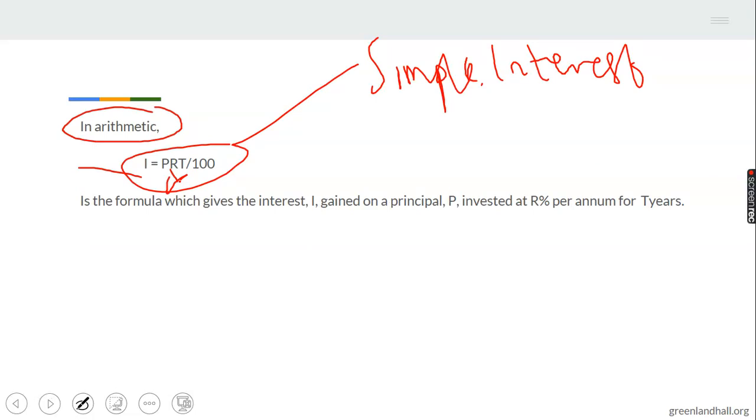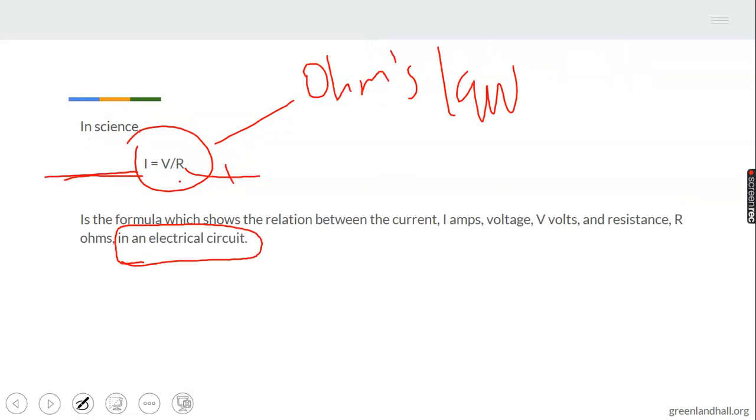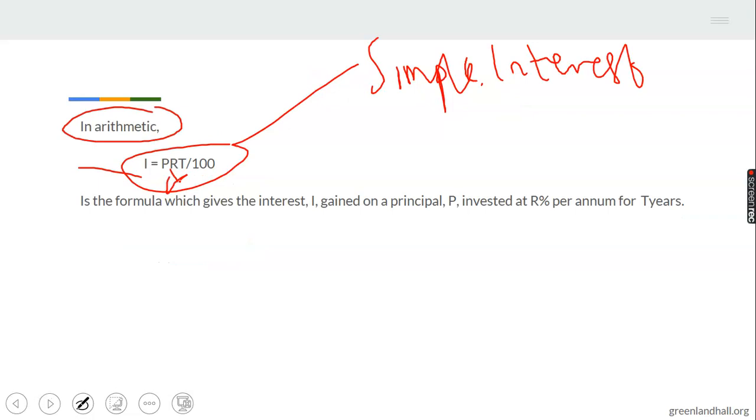I stands for current, then in the next one, which is in arithmetic, I stands for interest. So if you just write I, I'll be confused. You do not state it. It's not defined. On what do you define your I? Now we have R. R here is for resistance, which is in ohms. R here is for rate, which is in percentage. Do you see? So there is a lot of confusion if it is not well defined.